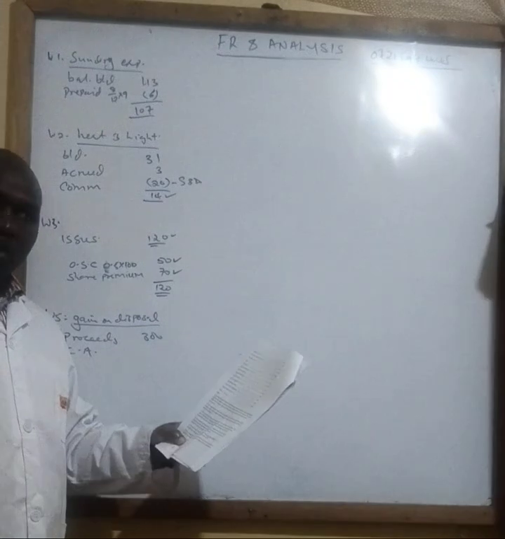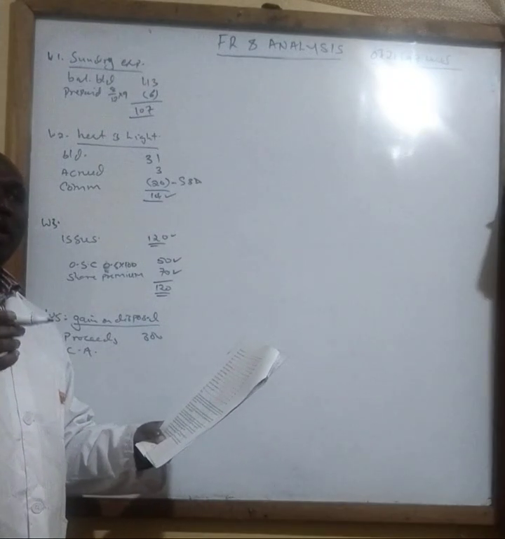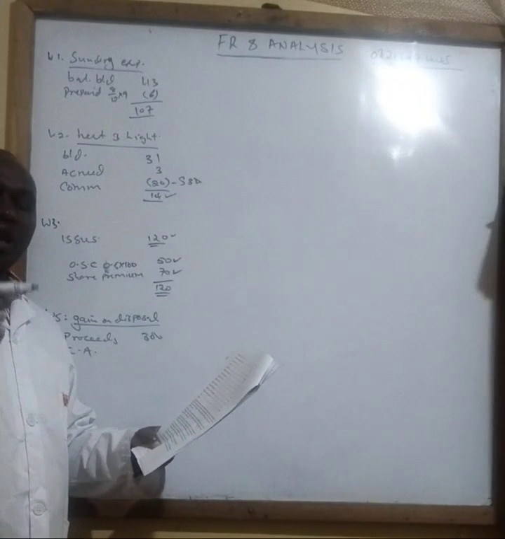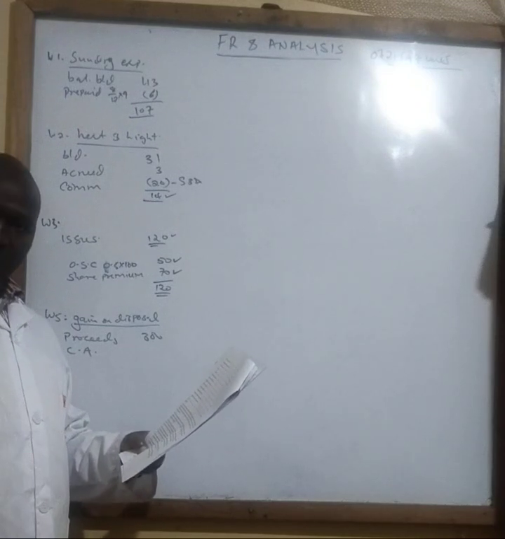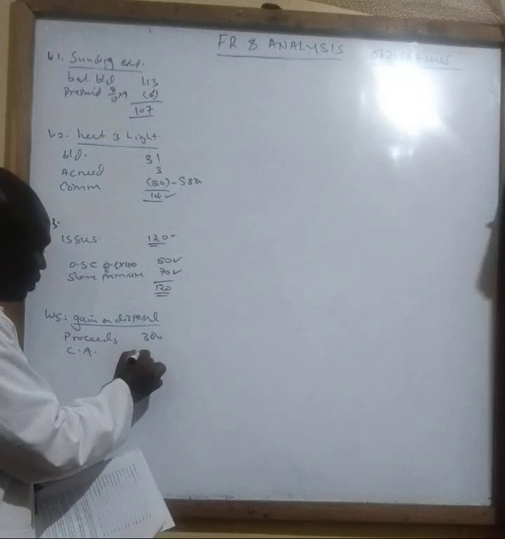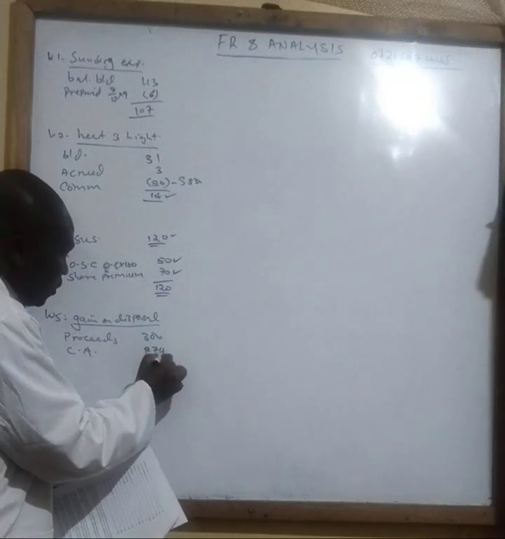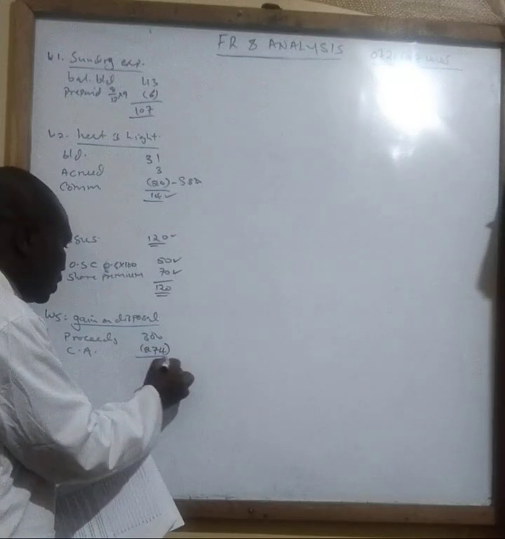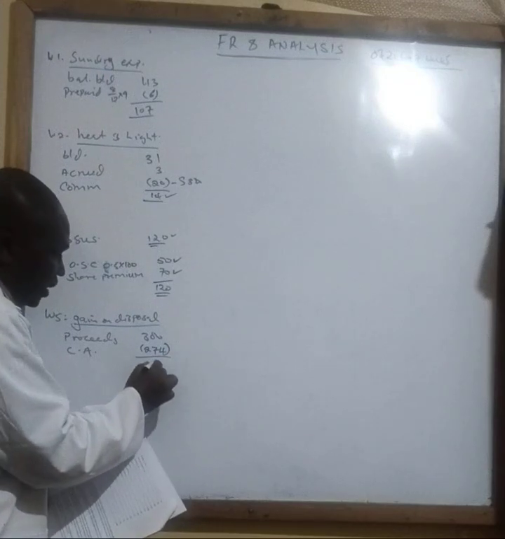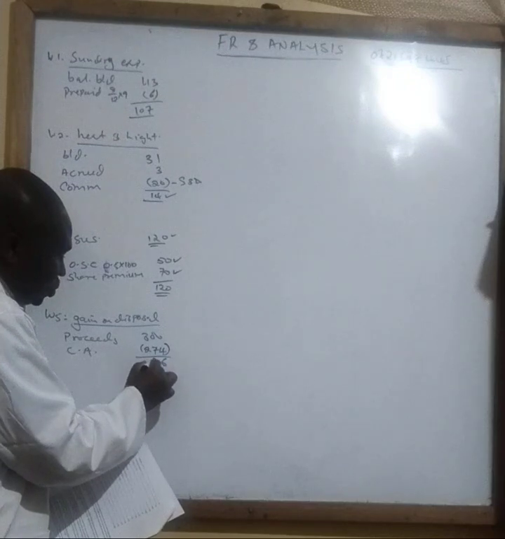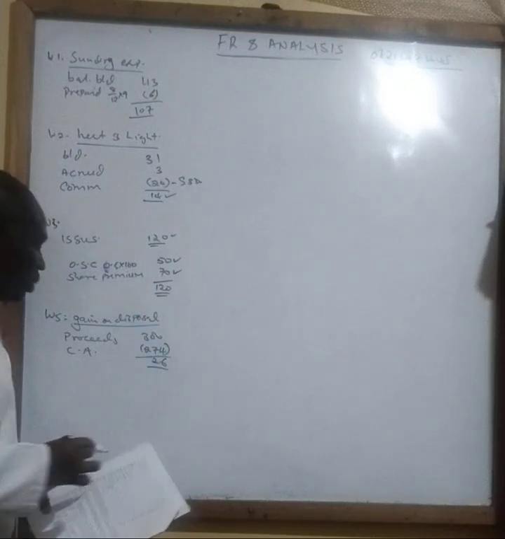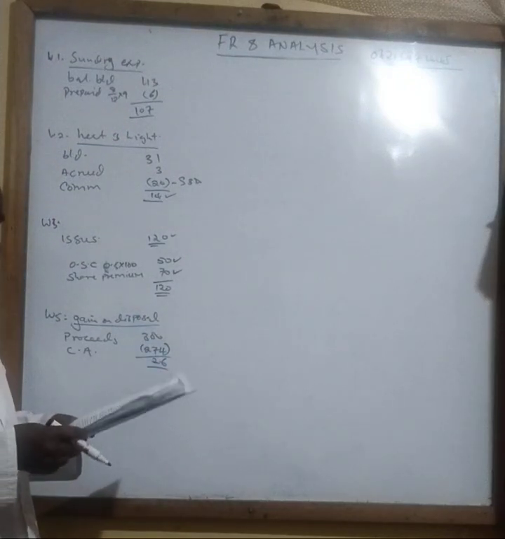Therefore, to find the gain or loss, we take the proceeds minus the carrying amount, which is 274. If you subtract this carefully, the answer you get is a gain of 26.